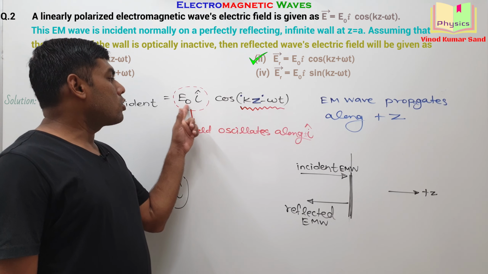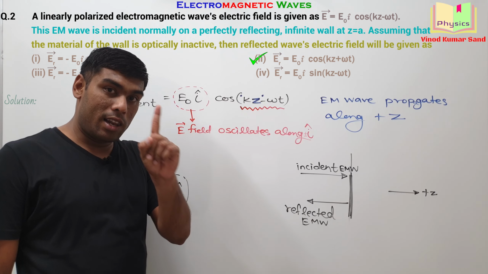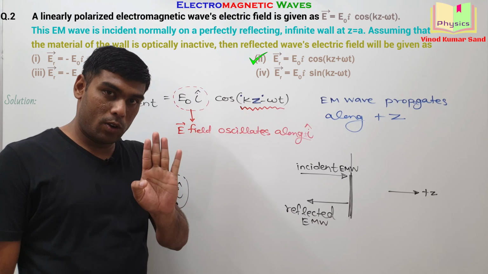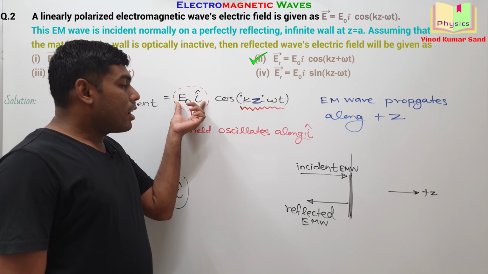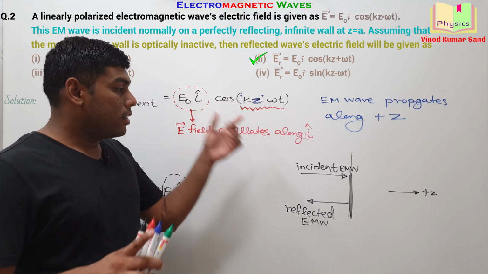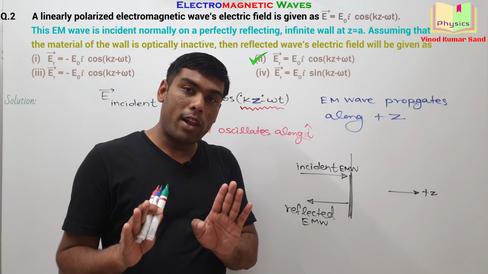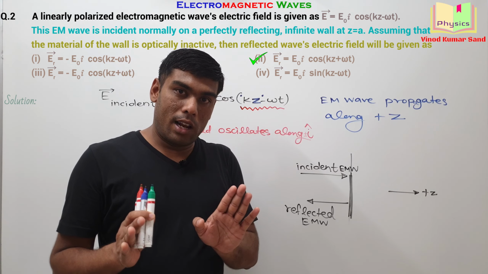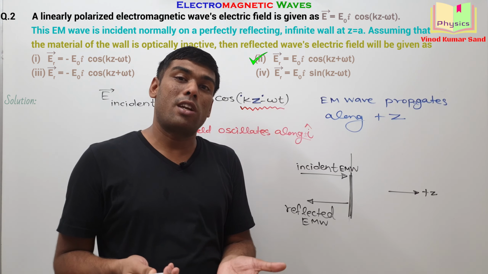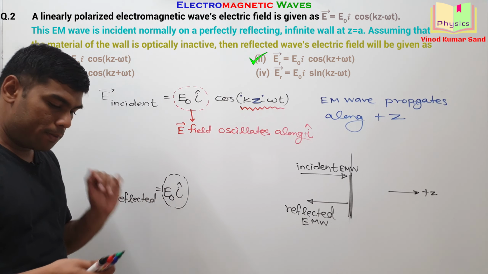The oscillations of electric field are confined along a single line, along a single axis. Got it? If this is a linearly polarized electromagnetic wave and this material is optically inactive, it means the reflected wave electric field will have the same state of the polarization. So it will remain E naught i cap only.